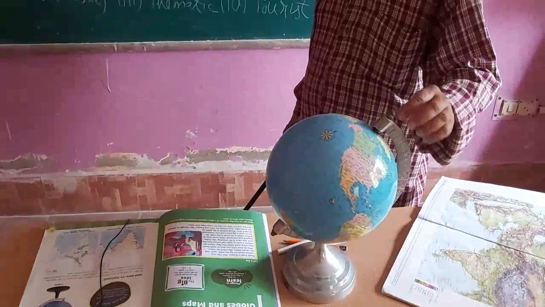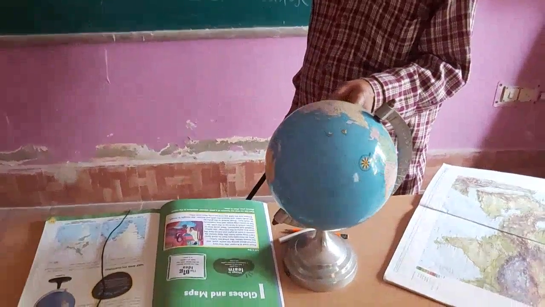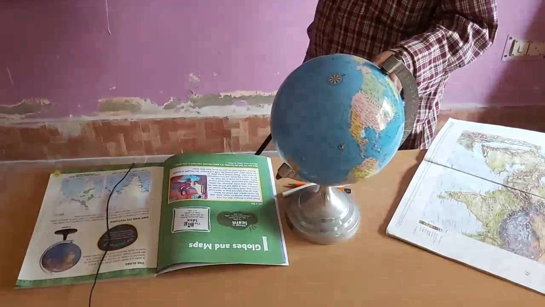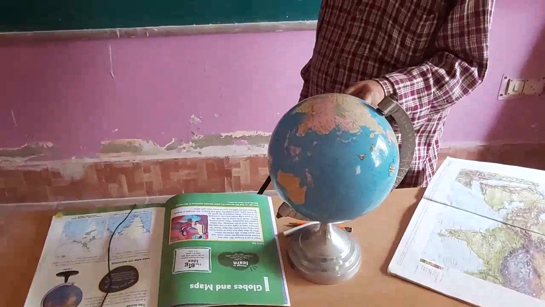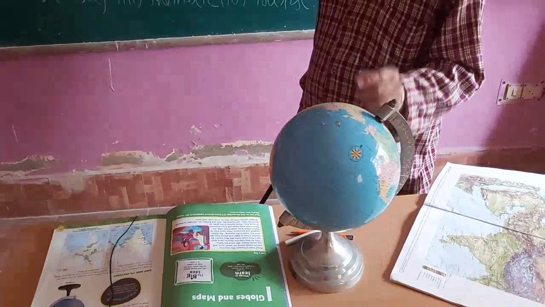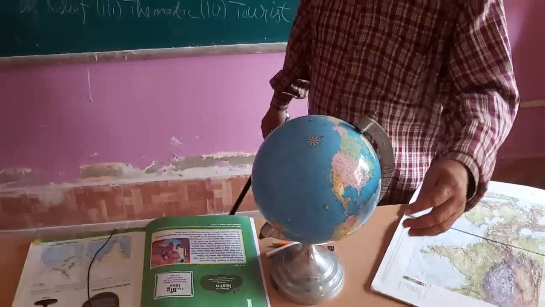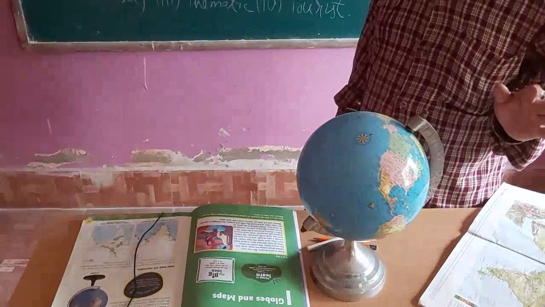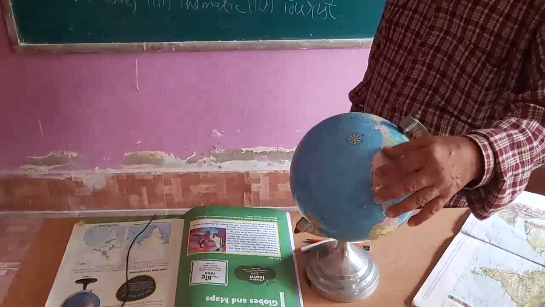Before dealing with the globe, you can see the blue portions here. These blue portions are oceans and seas, and these are continents.